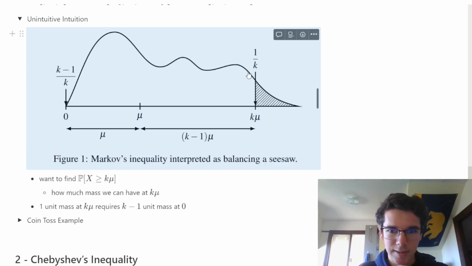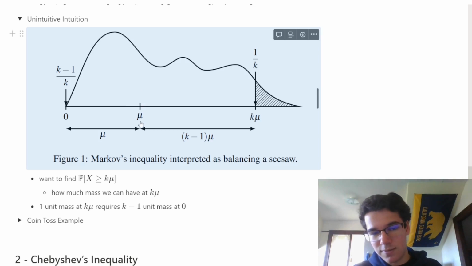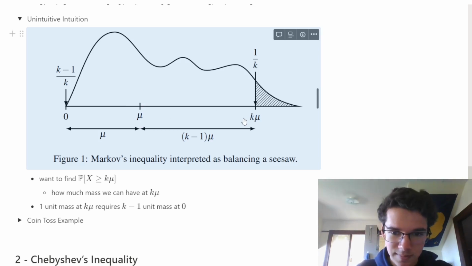This is saying something like, for every 1 unit of mass that you put on this higher side, you have to add k minus 1 units of mass on this side. If you think of it from a physical standpoint, I never took a physics class, but this intuitively makes sense to me.